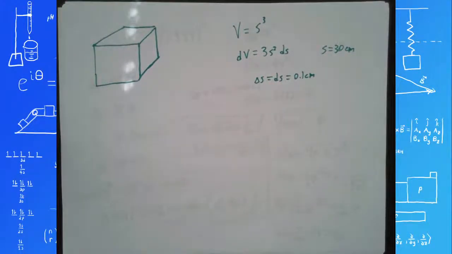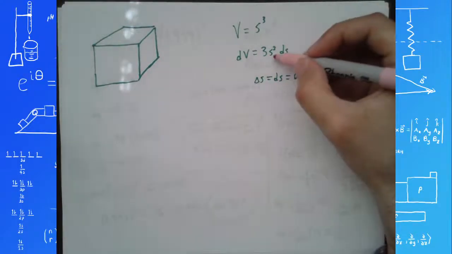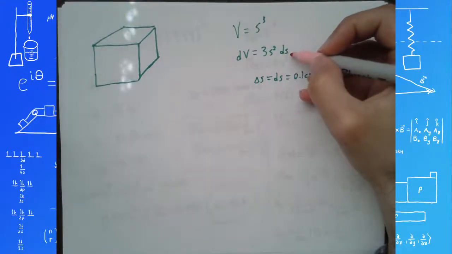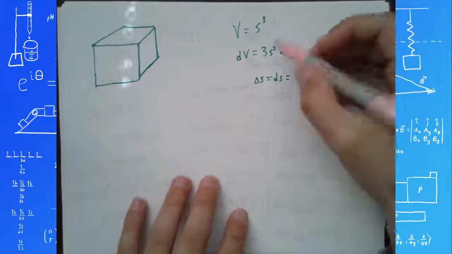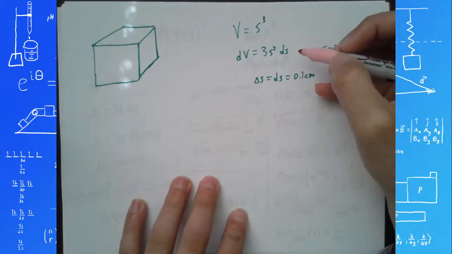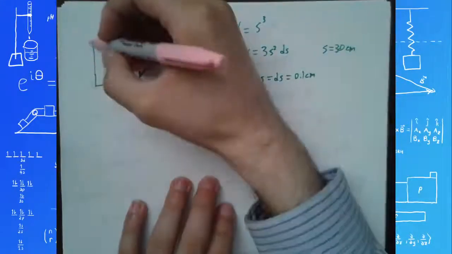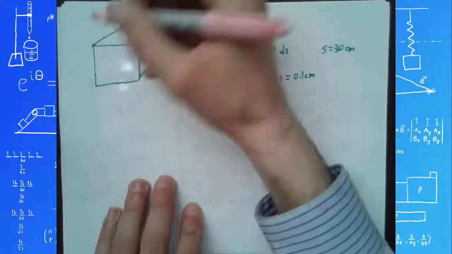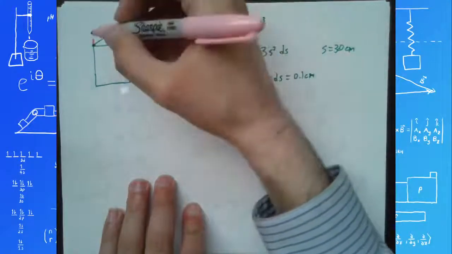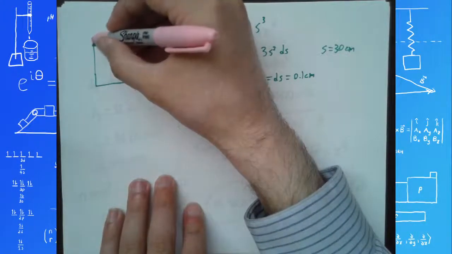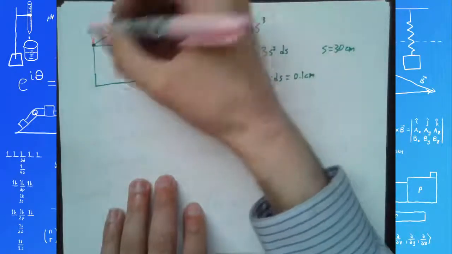So what we're doing here to estimate our error is adding s squared times ds, and we're doing it 3 times, on 3 faces of the cube. ds is going to be a sort of thickness. I think it'll make more sense when I draw one of these. So let's say we stretch this edge out by 0.1 centimeters. Not to scale, of course. But let's say we stretch it out by 0.1 centimeters.